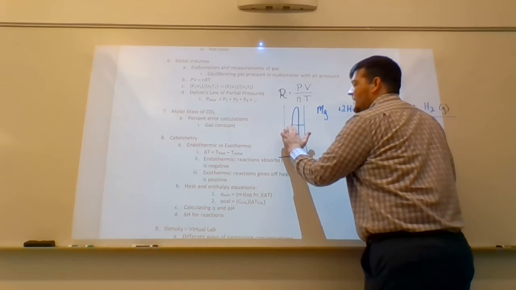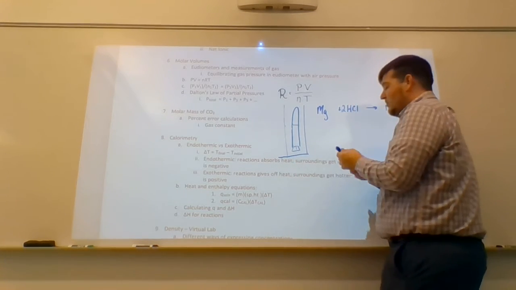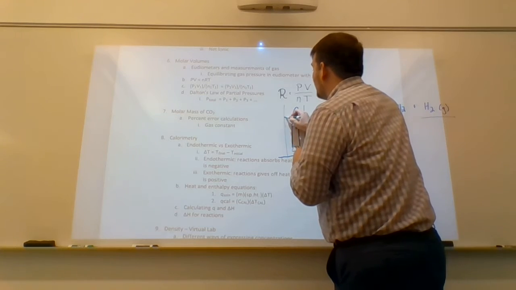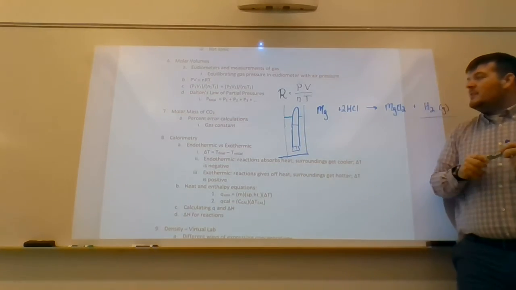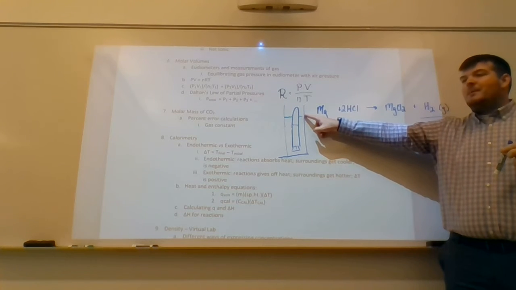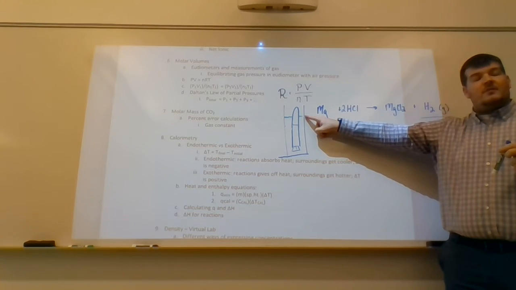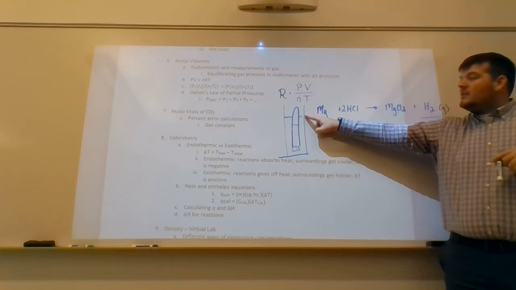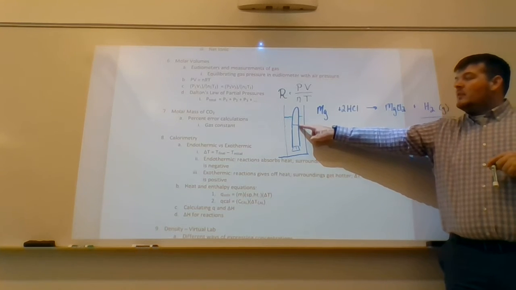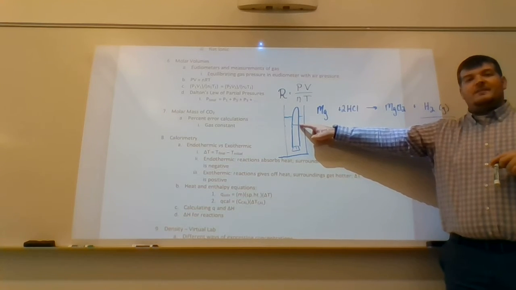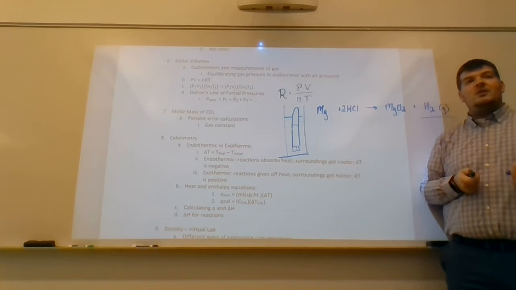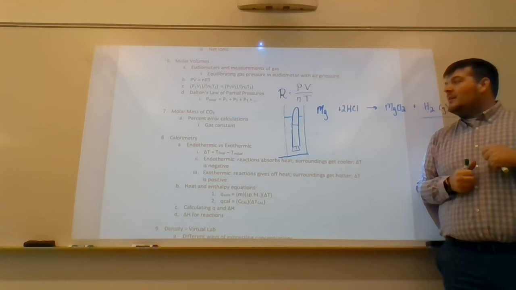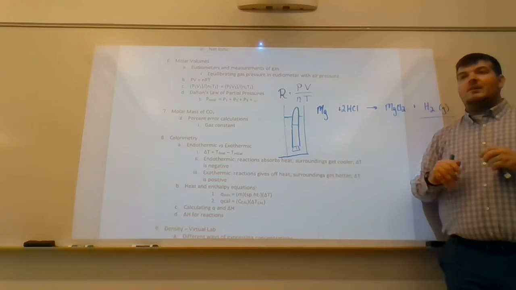Let's say that instead of having them equal, we were to have the water level in the large graduated cylinder up here, and the water level in the eudiometer itself down here. Would this indicate that the room pressure is higher or lower than the pressure of the gas inside here?